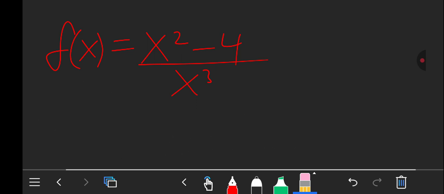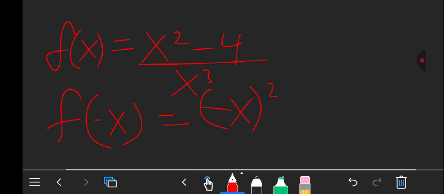Where there's x we substitute negative x, so it will be negative x squared minus 4 over negative x cubed.